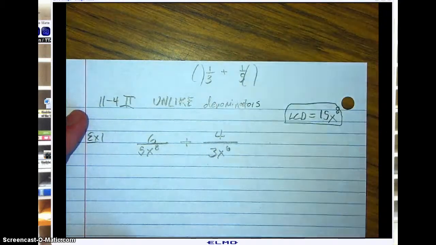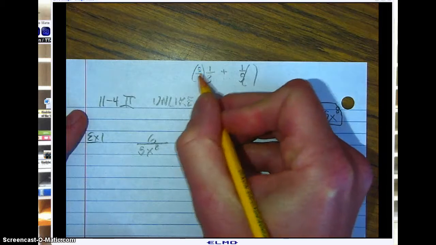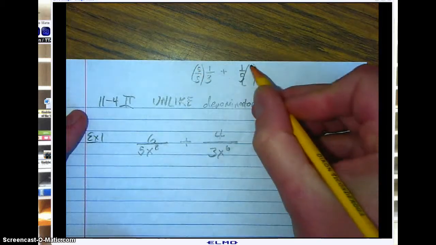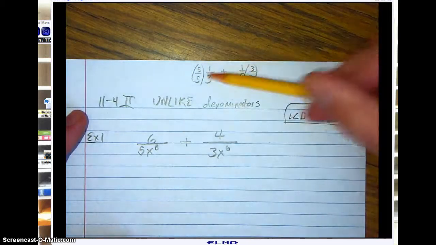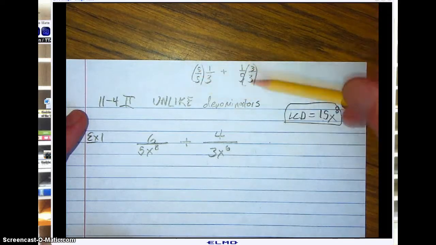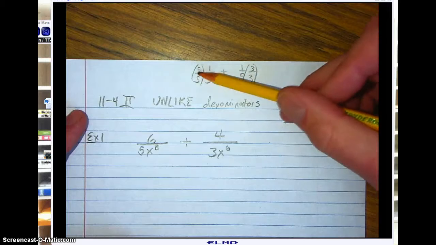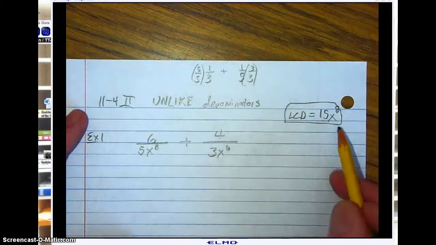Hopefully you know that you're really multiplying this by 5 over 5 and this by 3 over 3. Now, why am I allowed to do that? Well, what is 5 over 5 if I think of this as a number of itself? This in itself is just a 1. So is this. And when I multiply something by 1, it doesn't change its value. Well, that's true for this too.